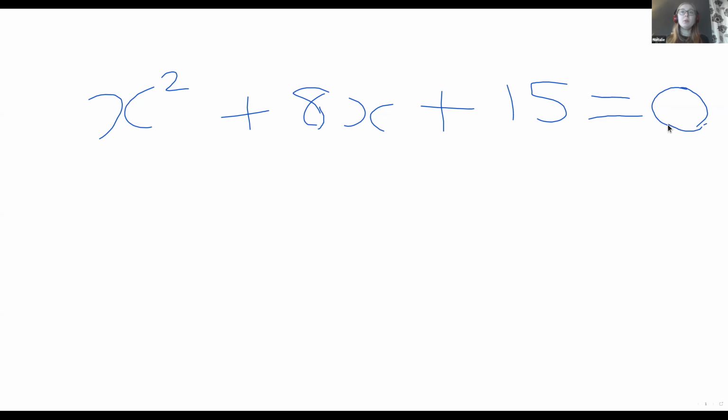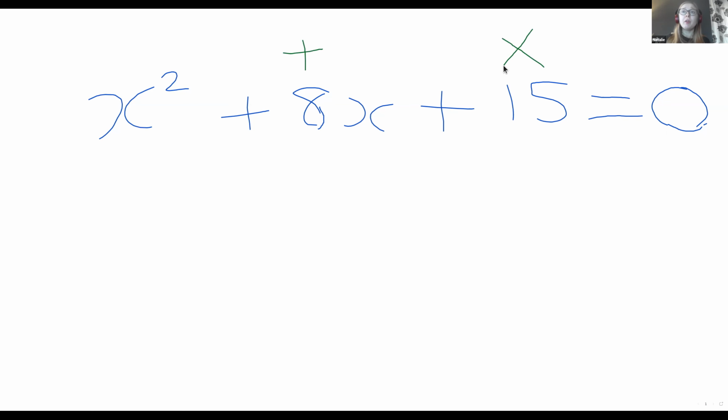Now, factorizing quadratics starts off relatively simple, and it can get much, much trickier. And we're going to look at some trickier examples. But to begin with, we need to think about two numbers that add together to make 8 and times together to make 15.